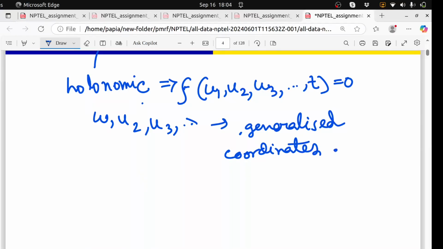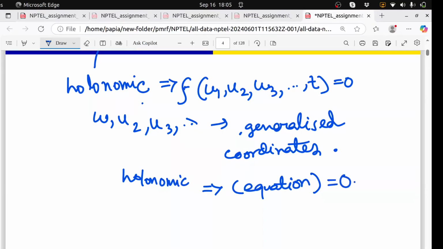And obviously for the holonomic case we should have the equality sign, that means an equation equal to 0. So this is the holonomic condition.